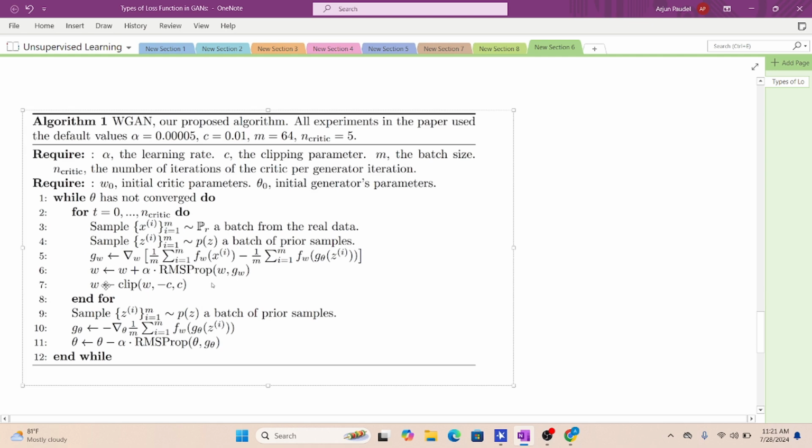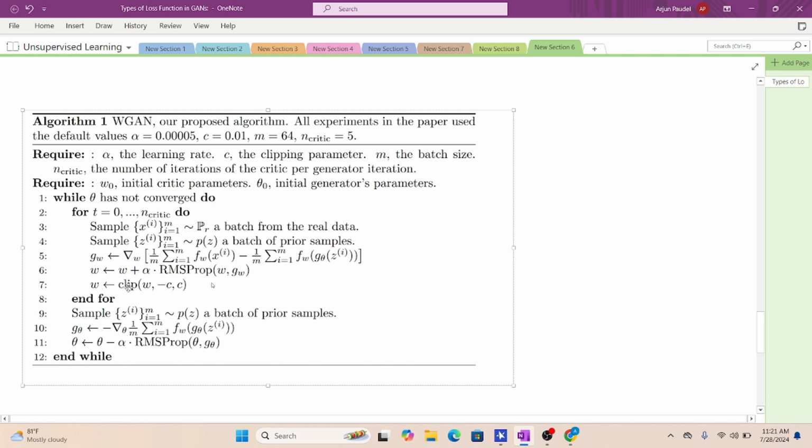Here we are clipping the weights of the discriminator. While clipping, it produces some undesirable results, because we are bounding the values of the discriminator or critic. If you bound them, undesirable properties arise in the critic and the gradients, and the learning dynamics get affected as well.